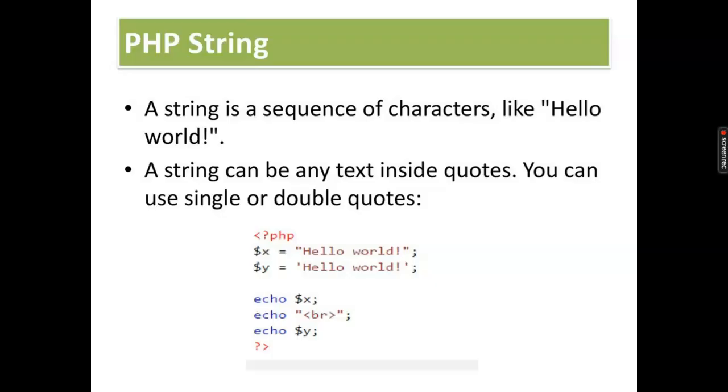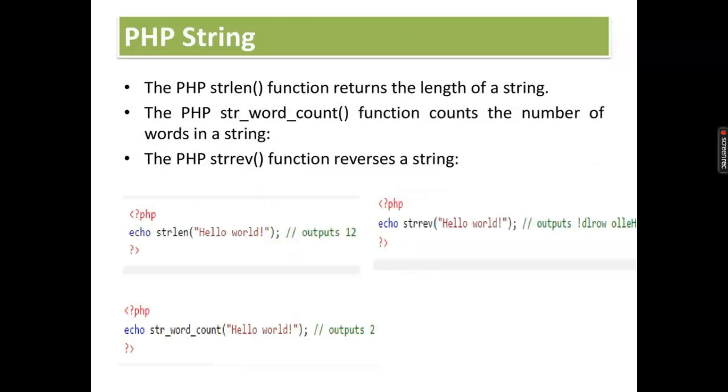A PHP string is a sequence of characters like hello world. It can be text inside quotes. You can use single quote or double quote, and it means the same. For PHP strings, we have some functions: string length, string word count, string reverse.